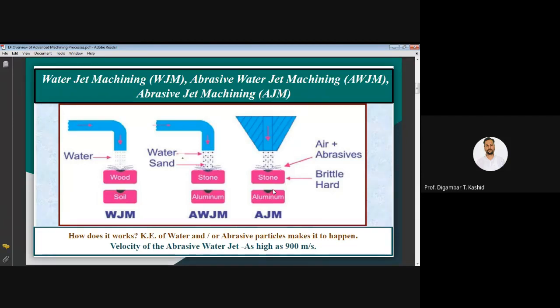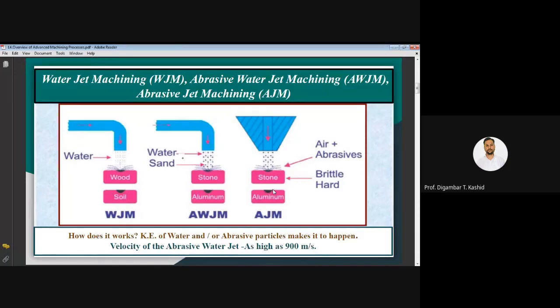When that jet strikes, or impinges on, that stone or your workpiece, which may be made of aluminum or something else, then the kinetic energy of that air plus abrasive jet makes the removal of the material happen. Again, the erosion action removes the material from your workpiece.